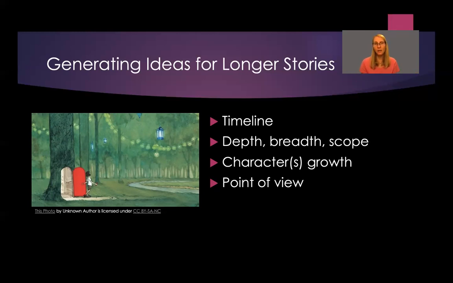So when I'm thinking about ideas for stories, I will often consider them in terms of the events or the personal growth that's going to happen before that moment and after that moment. And I will, on a piece of paper, draw a line.